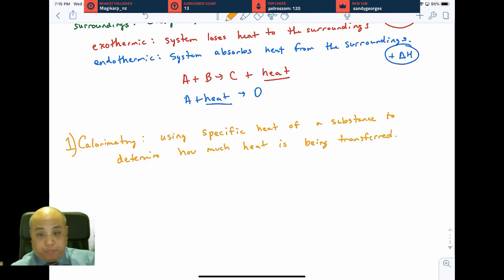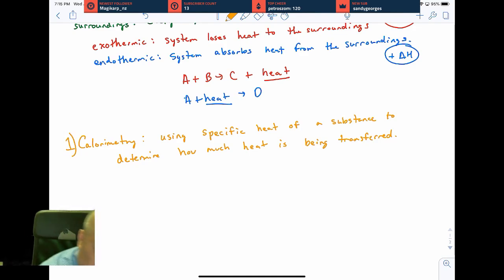Okay, so specific heat or specific heat capacity, which we'll define in a second, is unique to every substance, and it is a given. It is a constant that you are provided with, or you may have to calculate using experimental data, but it's something that we can assume.